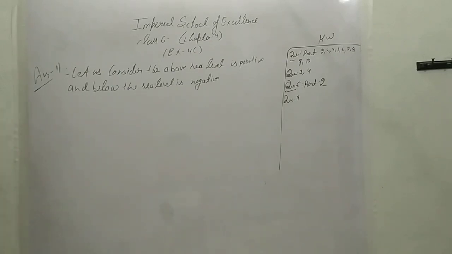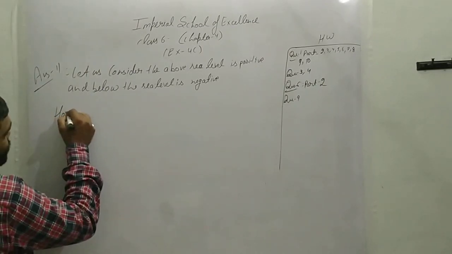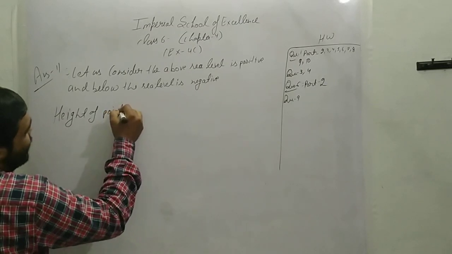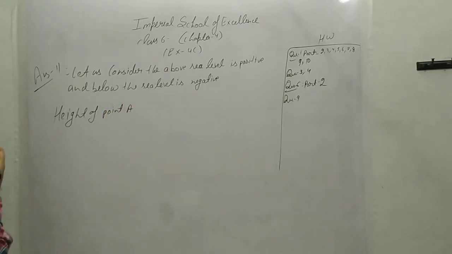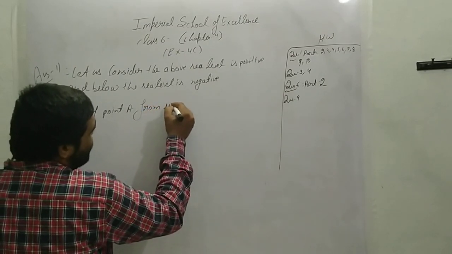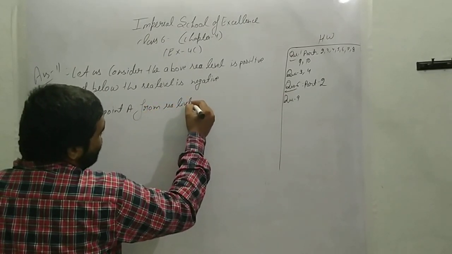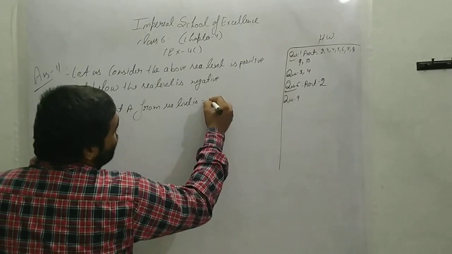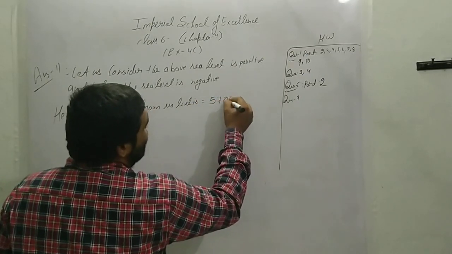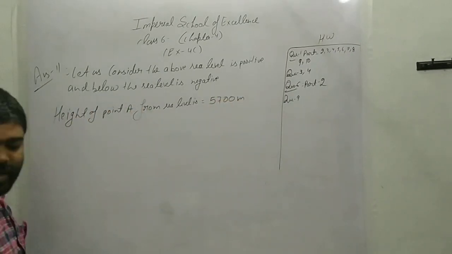So height of point A from sea level is 5,700 meter, it is given here.